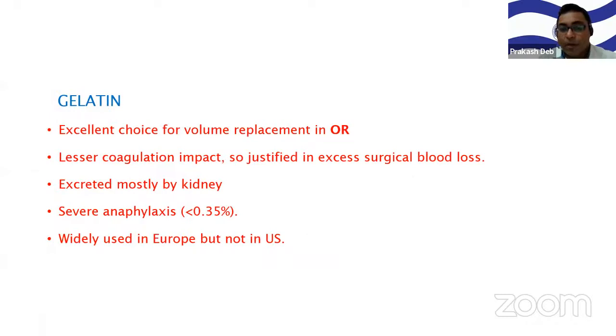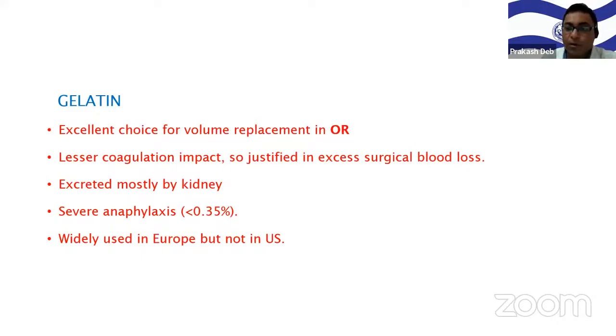Now, if we talk about the operating room setup, gelatin is an excellent choice, which is extensively used in Europe, but not in the USA. And I have also been using it for quite a long period of time. The advantage is that it has less effect on coagulation. If you use it in surgeries where there is a lot of blood loss, it will be helpful, and it is excreted mostly by the kidney. There are some reports of anaphylaxis.